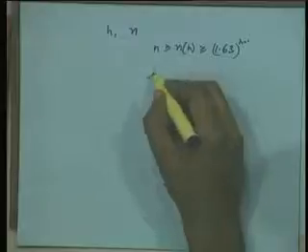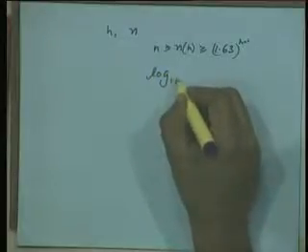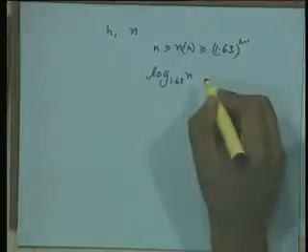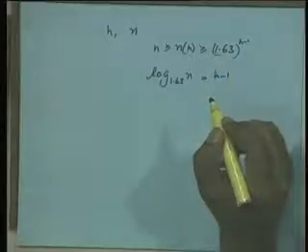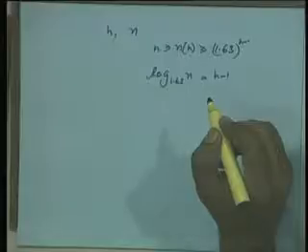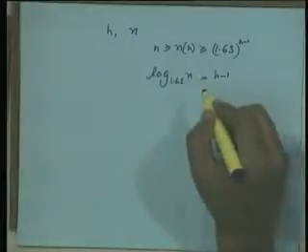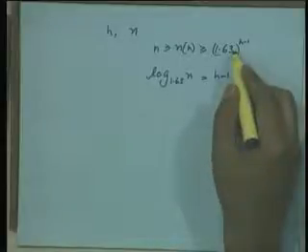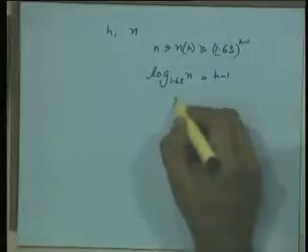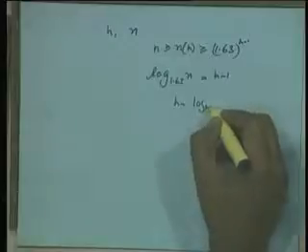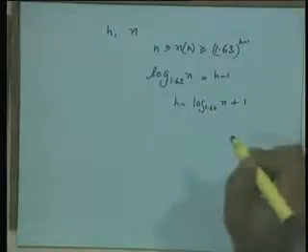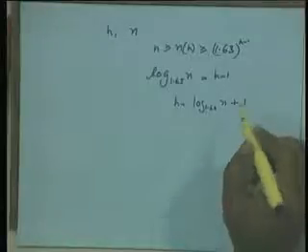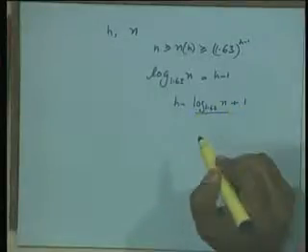Let us take log of both sides. So we get log base 1.63 n is at least h minus 1. I am just using the definition of log, taking log to the base 1.63. This implies h is at most log base 1.63 of n plus 1, which is okay. So we have been able to prove this kind of a sharper bound.